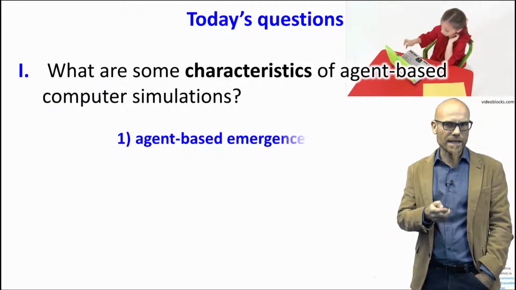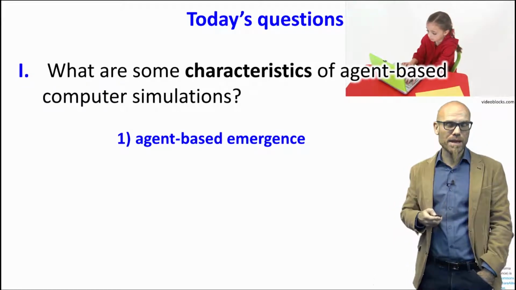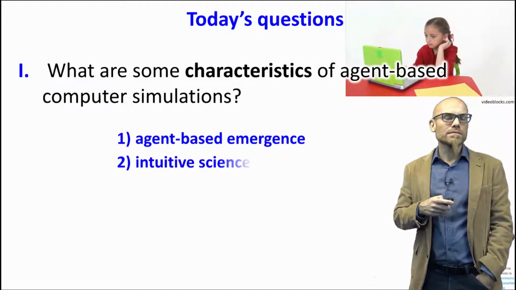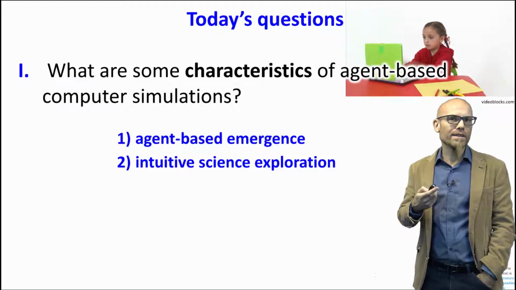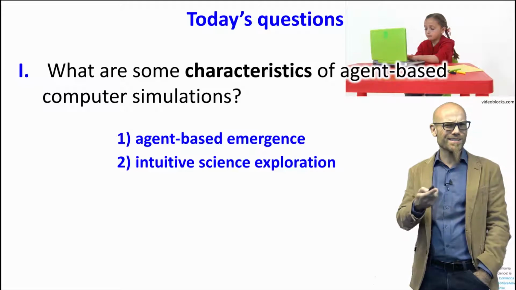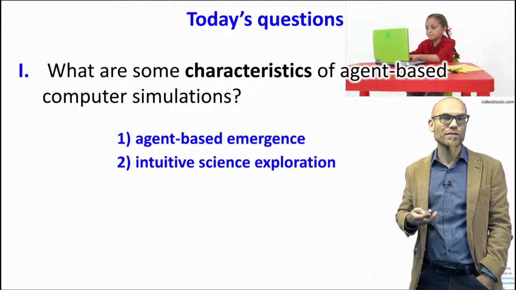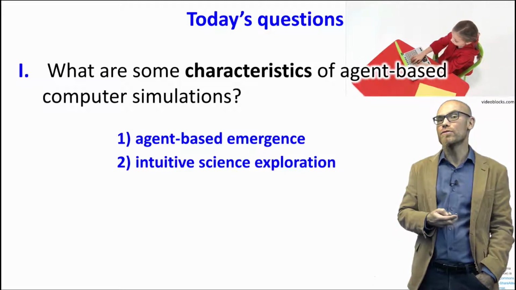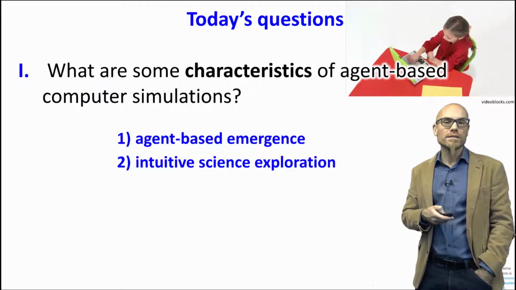First is agent-based, the fact that it's agent-based computer simulation. Second, it is quite intuitive. Having played with some of these agent-based models, you can see that yes, it's an intuitive way also to communicate some often counterintuitive results. Third, it's modular.